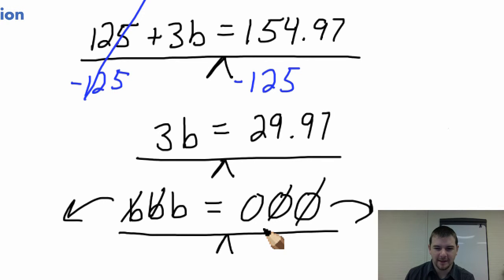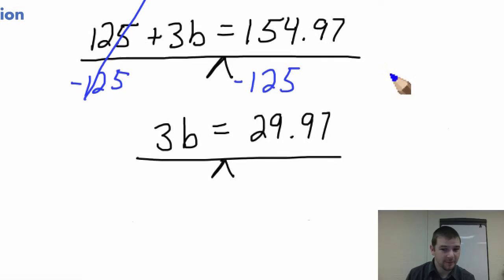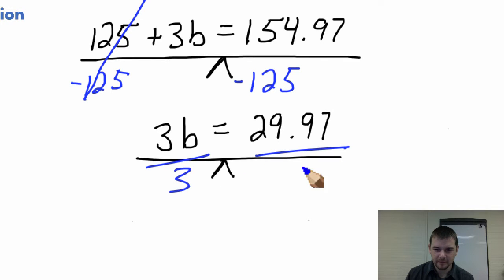Now in algebra, it looks a little bit different, using a blue pen, by dividing. We'll simply divide both sides of this equation by 3. Division is the inverse operation of multiplication, and that's why we choose division. We divide both sides by 3. 3 times b divided by 3, those 3's cancel out.